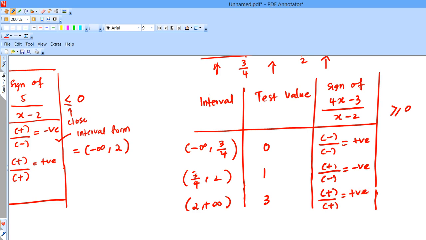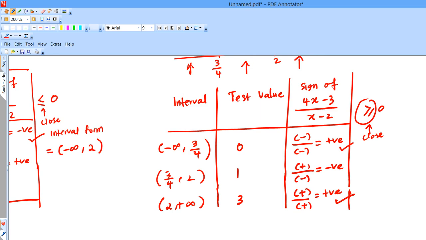Since our inequality sign is greater than or equal to 0, we will use a closed bracket. Positive means we choose the first and third intervals. So we can write our solution in interval form.